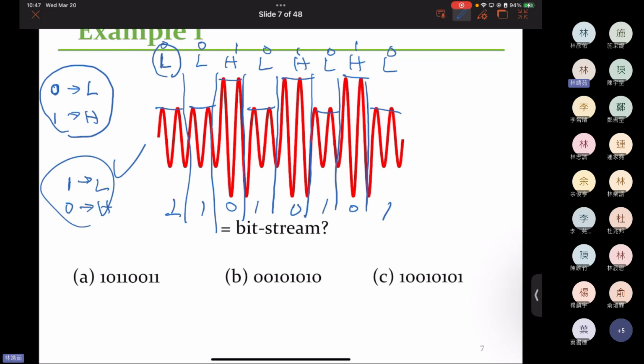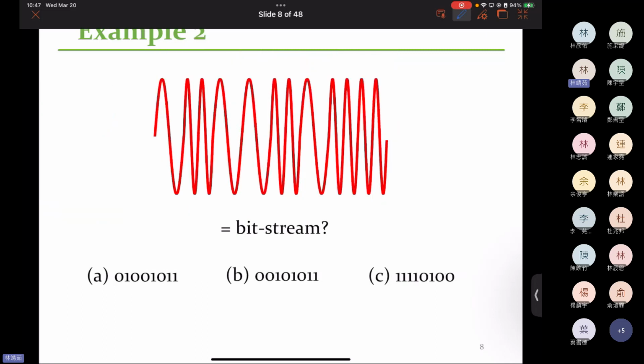Because we negotiated this kind of conversion, given this pattern, I can easily convert my signal pattern back to the digital bits. Okay, so that's a very clear example.